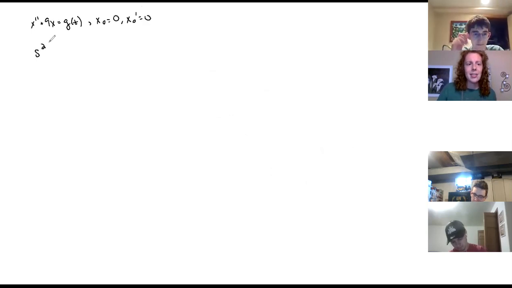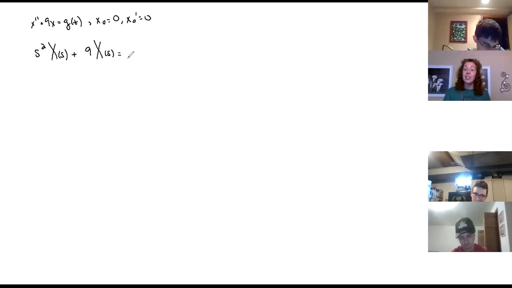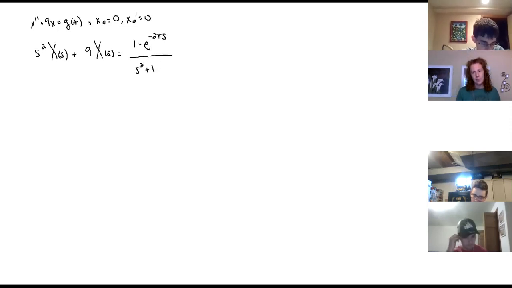So we've got s squared capital X of s plus 9 capital X of s equals the thing we found on the right-hand side, 1 minus e to the negative 2 pi s over s squared plus 1.